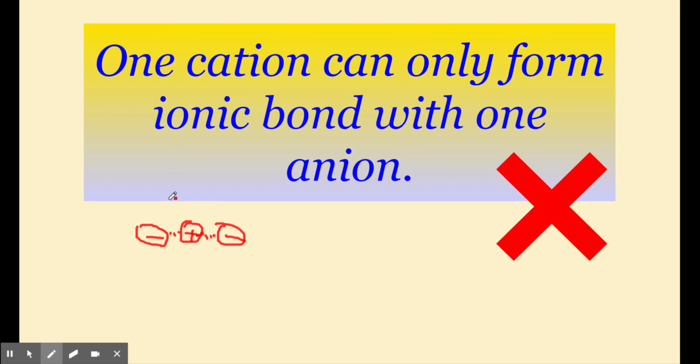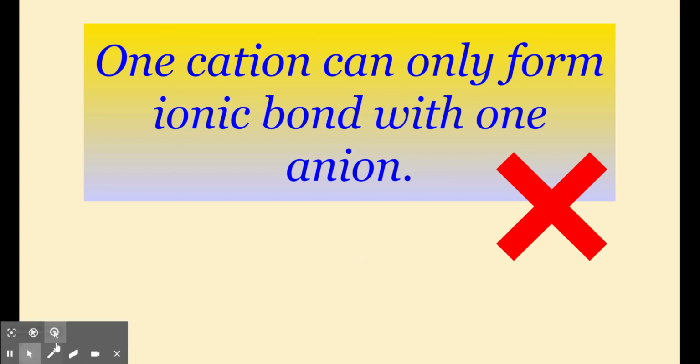So no matter which direction you have, the mutual attraction is the electrostatic force, and no matter where you go, the electrostatic force is still there. So do remember, not only one cation will meet with one anion. There should be a lot more of them. So this helps you understand the reason for this.